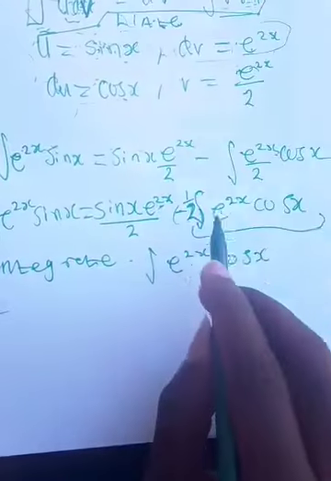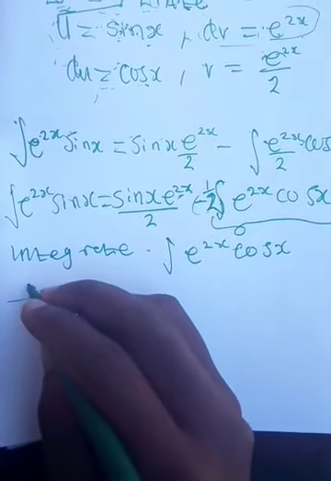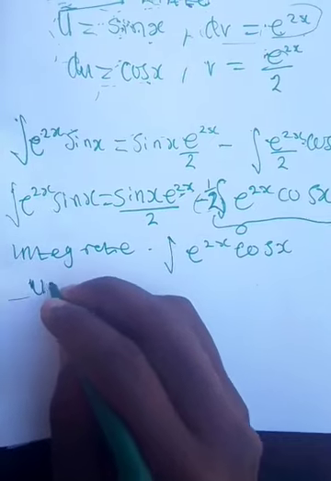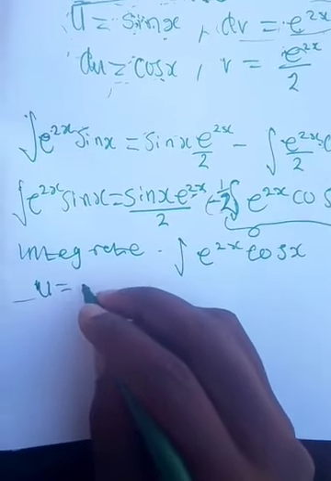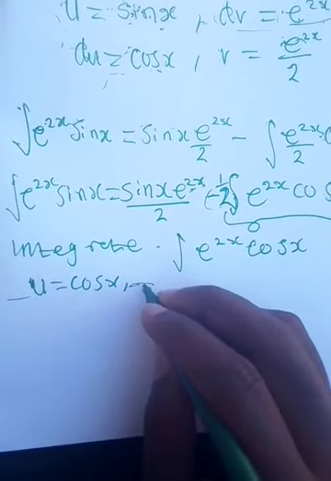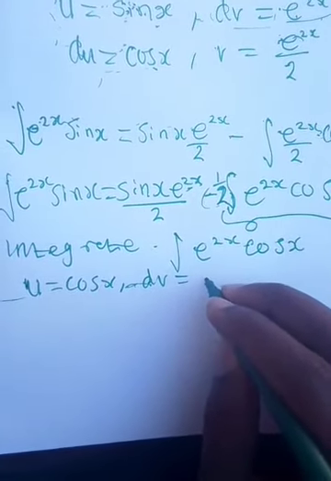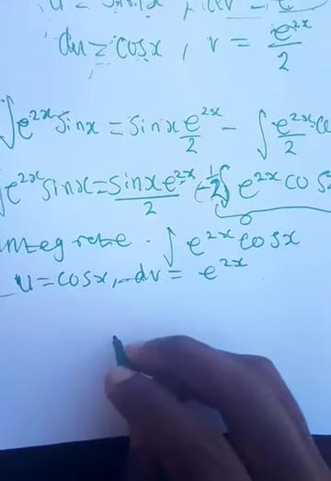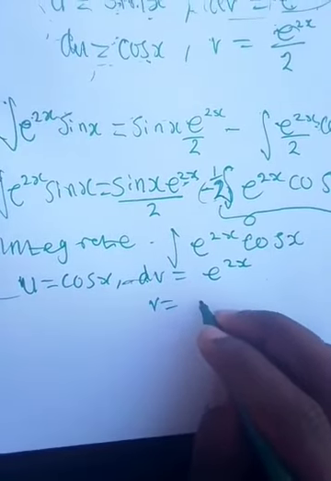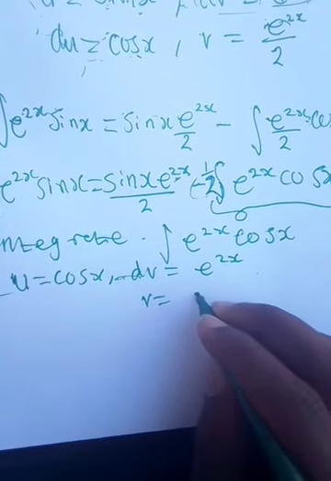Okay, so now again our u is going to be cos x, then our dv is going to be e to x. This means that our v is again going to be e to x over 2, right?